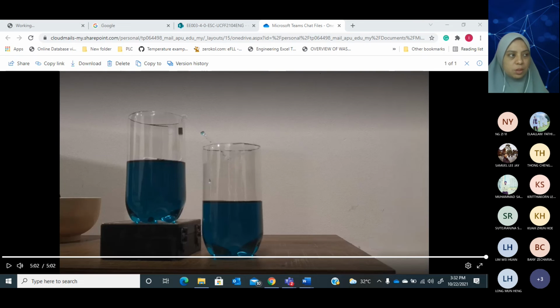The same concept can be used to clean a pond also. So it is good if you add the application in your report. Try to add applications related to this experiment. Okay. Any other question?